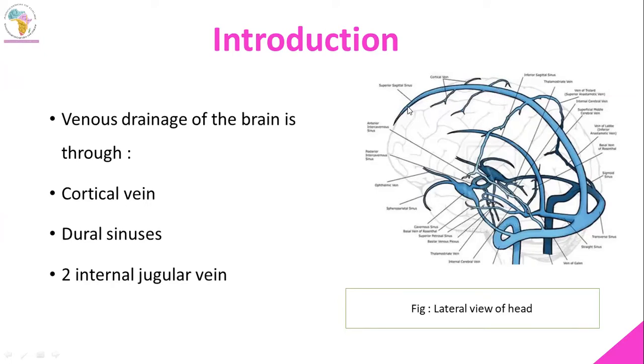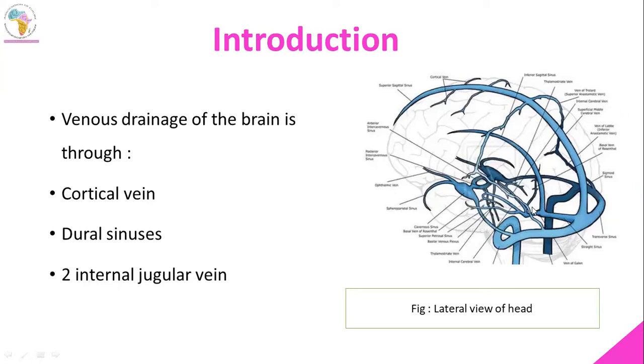Those sinuses run between the two leaflets of the dura along the inner surface of the cranium. We have different types of dural sinuses. Some of them are single and some of them are paired.